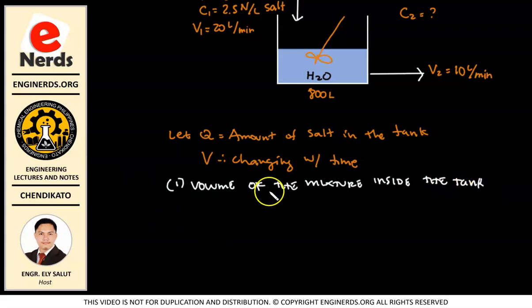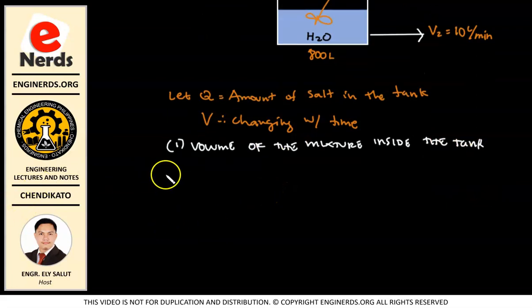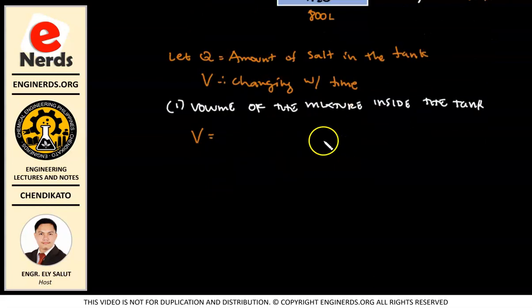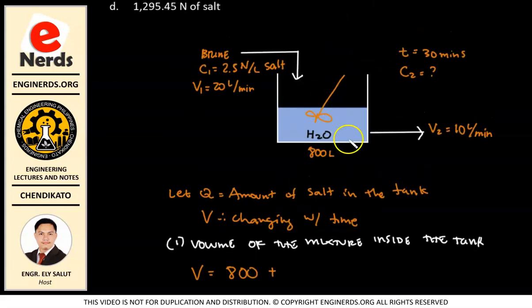Okay? So alam natin na nagbabago yan with respect to time. So our volume is equal to, initially meron tayong 800 liters, di ba? So let us have here 800. Then plus, dahil may nadadagdag dito sa ating liquid na nasa tank, may pumapasok na 20 liters per minute.